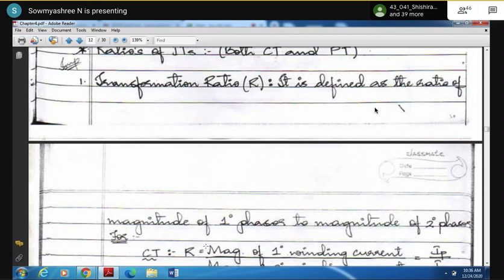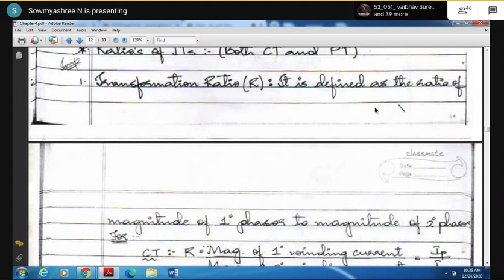When we deal with AC, as you all know, you get both magnitude as well as phase angle, right? Both exist when we deal with AC circuits or AC meters. So when you measure, you get both. The ratio of the magnitude of the primary phasor current to the magnitude of the secondary phasor will give you the transformation ratio.